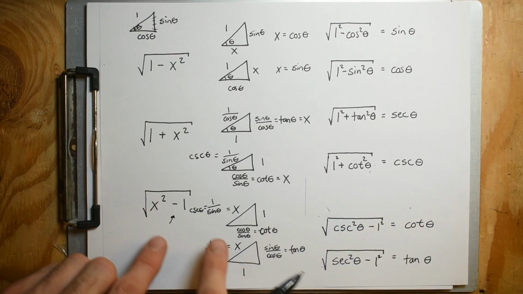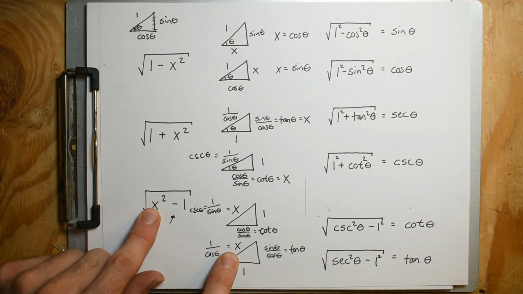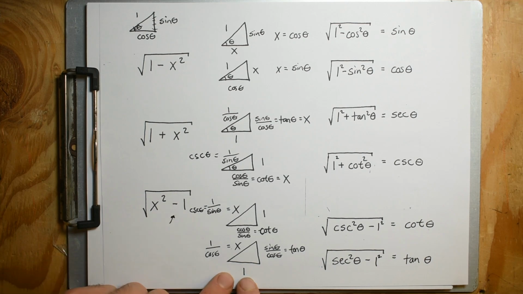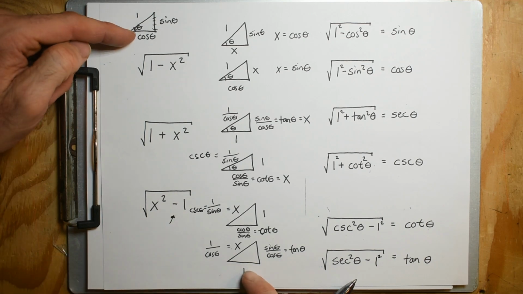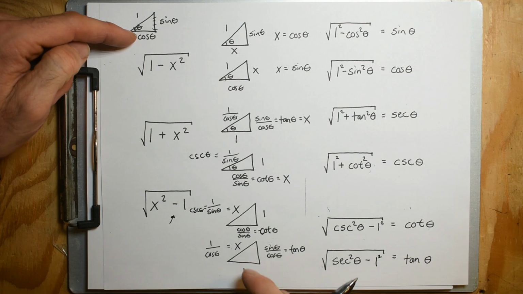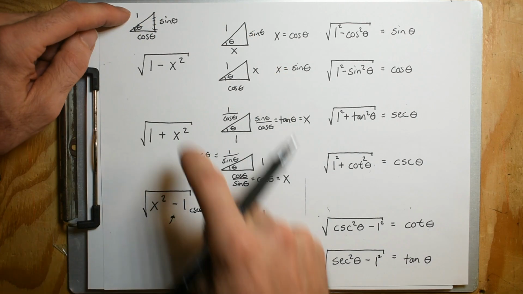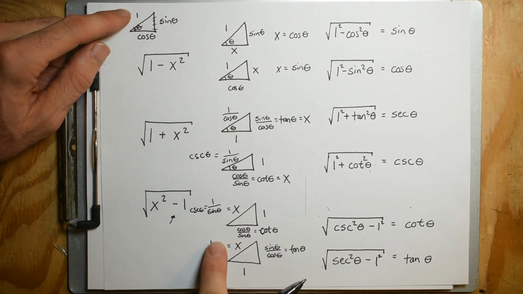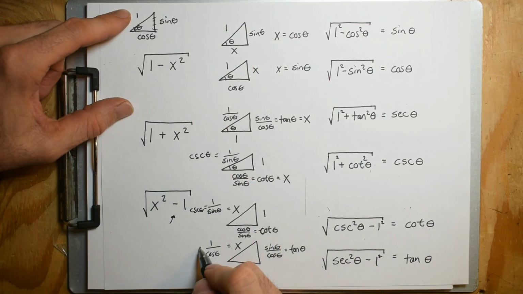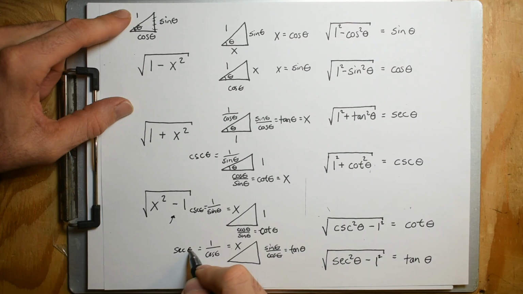Okay, last one. Hypotenuse is x. The other side right here is going to be 1. This was cosine theta. To get this as 1, I got to divide the entire triangle by cosine theta. And so the 1 in the hypotenuse is going to be divided by cosine theta. That's going to equal secant theta.